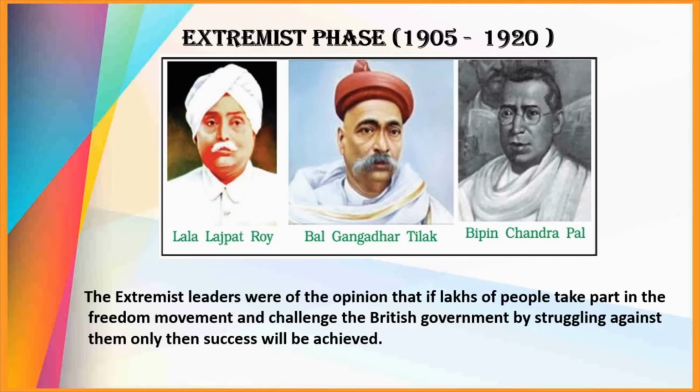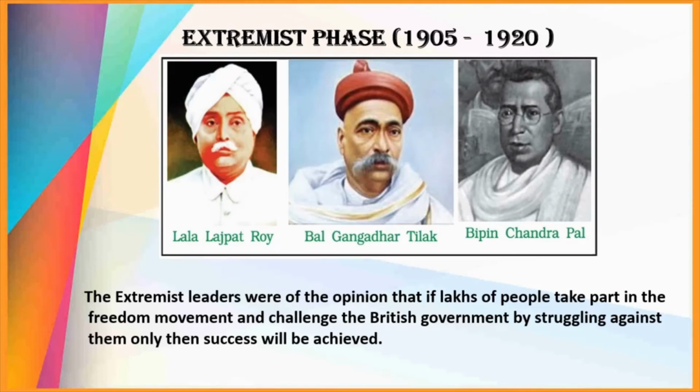Lokmanya Tilak, Bipin Chandra Pal, Lala Lajpat Rai were leaders of the extremist group of Indian National Congress. According to these leaders, if lakhs of people participated in the freedom movement and challenged the British, it would be successful. They did not adopt the means of armed revolution but insisted on extensive agitations.